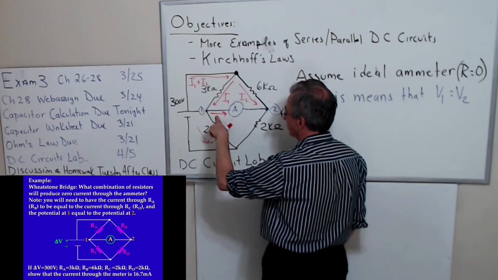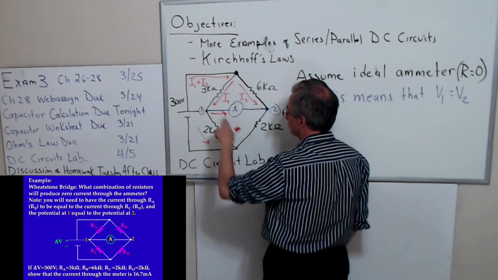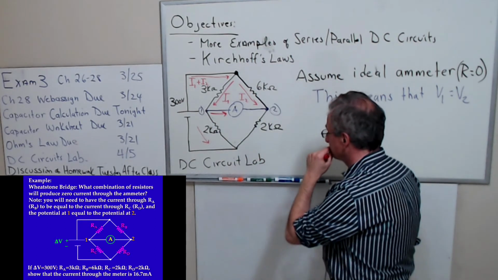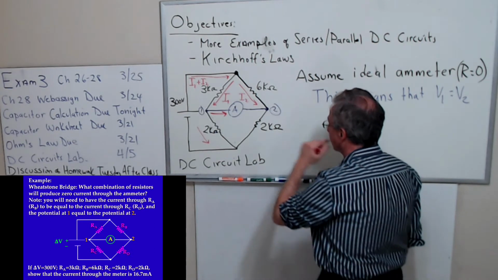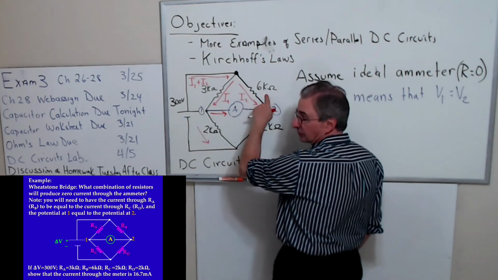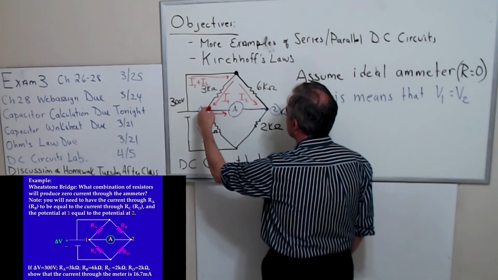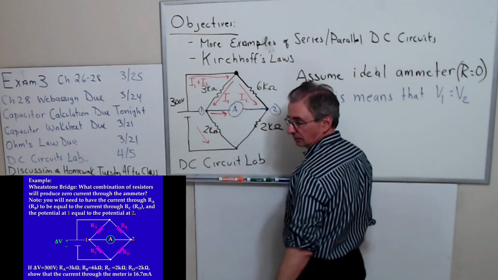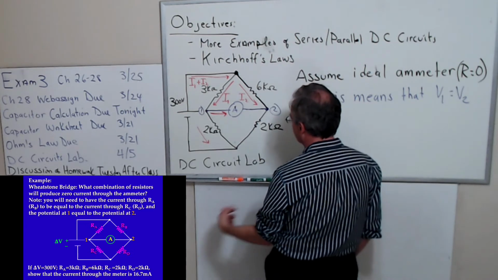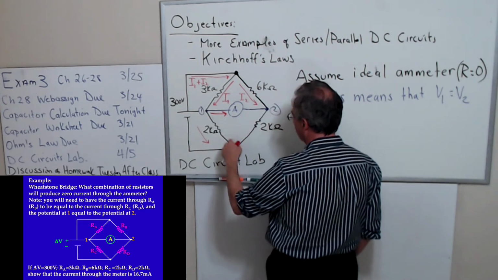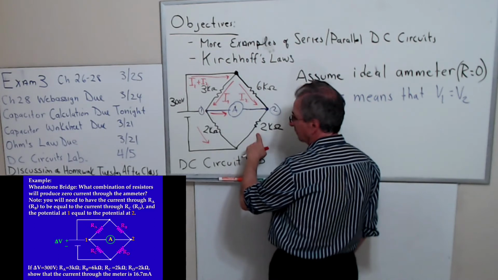The least resistive path that it gets. It is based on the resistances on top. Yeah, I'm going to have more current here than here. Isn't that true? Yes. So this current's got to go this way. In fact, these two are in parallel, and they're going to have the same current going through them.